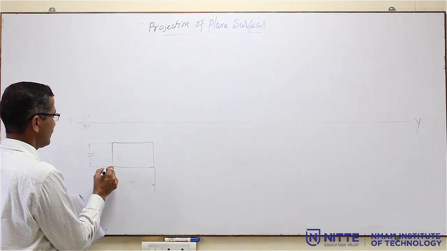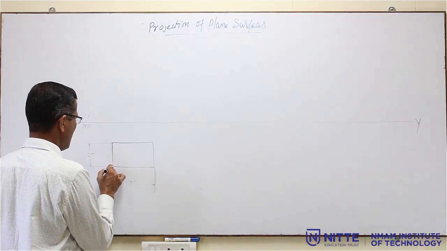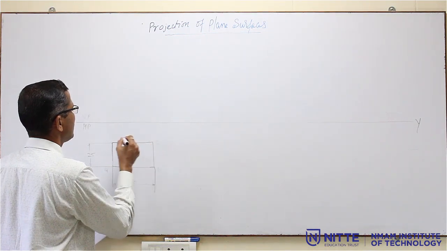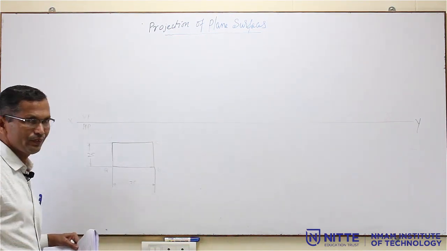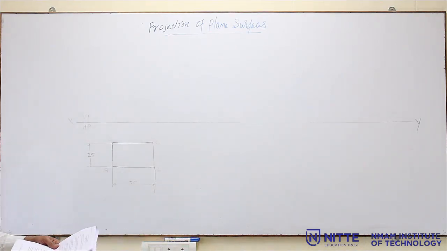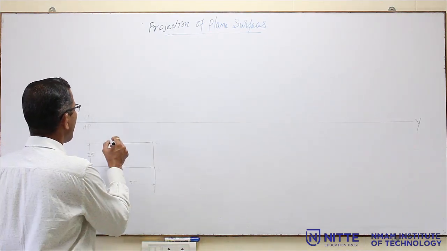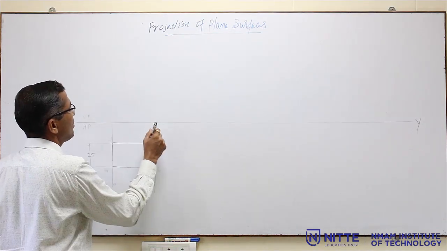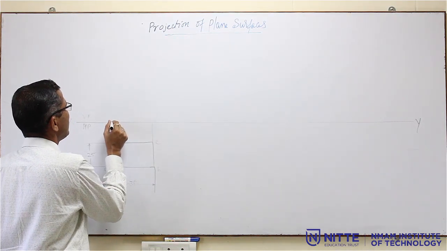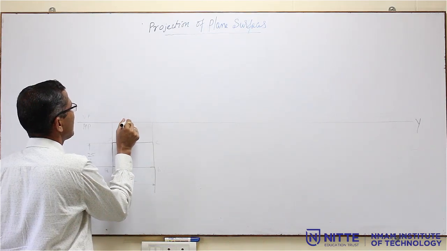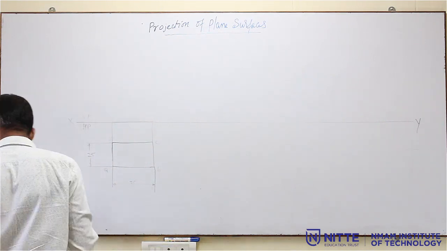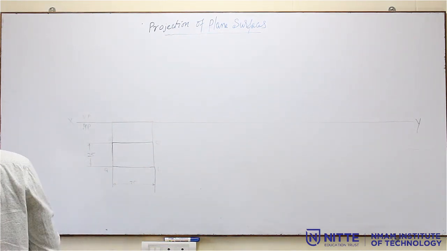Then name this: name of this is A, B, C, D. A, B, C, D we have named it. Now, you have to draw the front view for this. Project it up, then on the XY line you have to draw the front view for this.